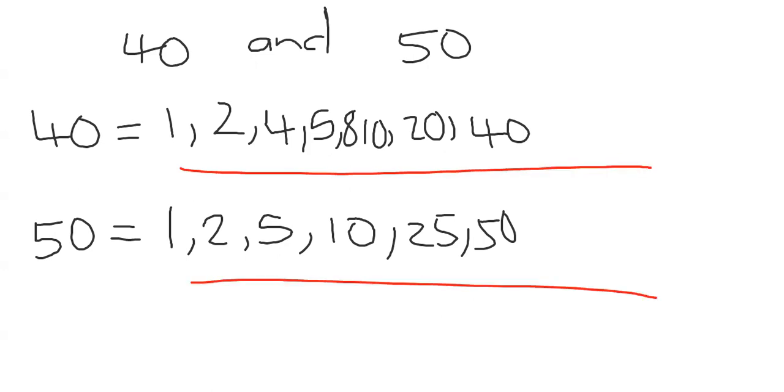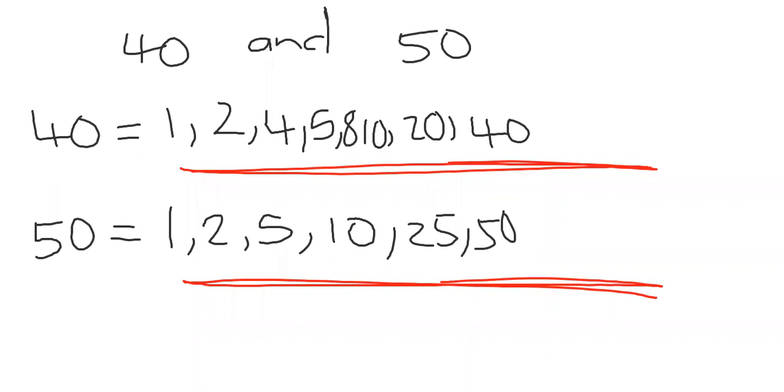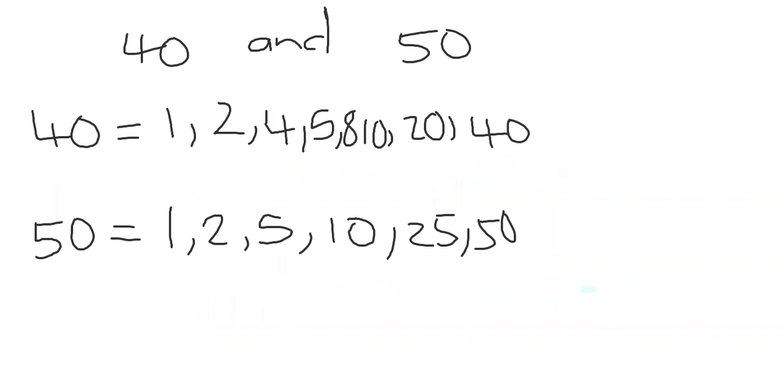A number that is here but also appears here. So that number is, I think you can see, a 10 there, and a 10 here.